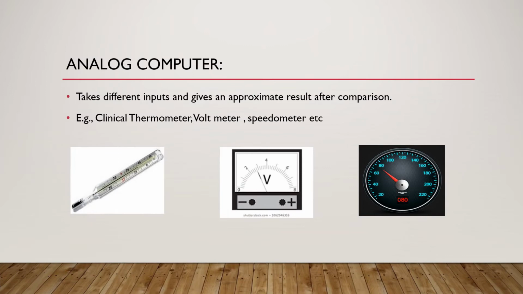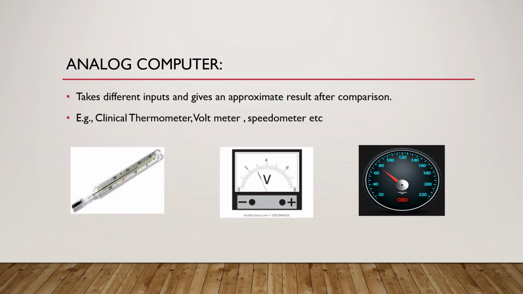First, let us see the analog computer. How does it give us the result? It takes different inputs and compares them with each other, and then it gives an approximate result after comparing. That we call the analog computer. Examples are the clinical thermometer, voltmeter and speedometer.